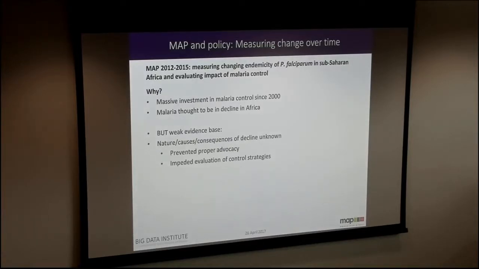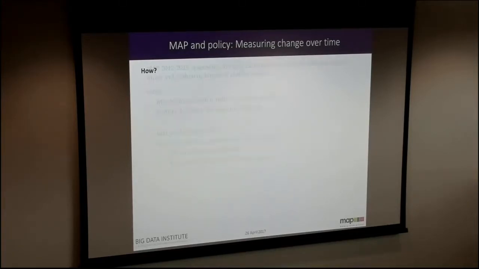And malaria was thought to be on the decline, but there was little evidence of exactly how much and what was causing it, which prevented proper advocacy for what control strategies should be further invested in or potentially reevaluated.